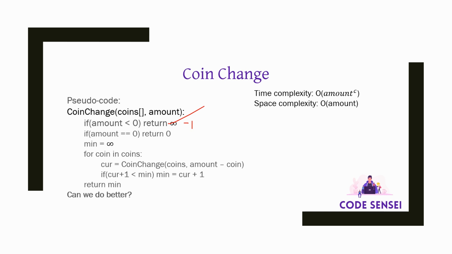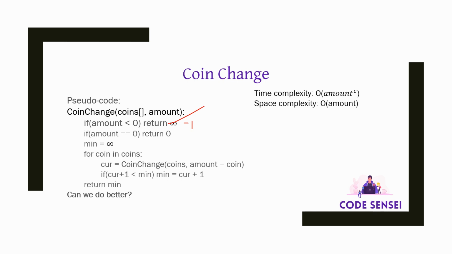And we will initialize a variable minimum, which will equal infinity for now, and for each coin in the coin set, we are going to take a temporary current variable, which is going to find the minimum number of coins required if we take the current coin.